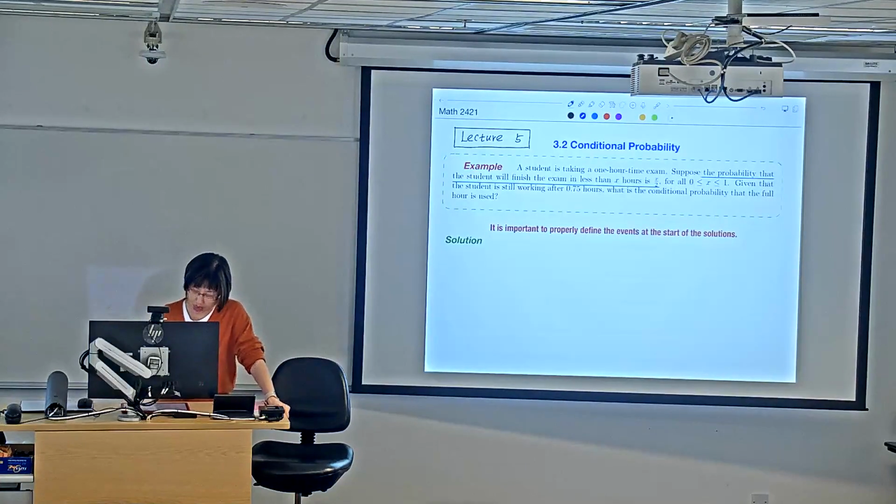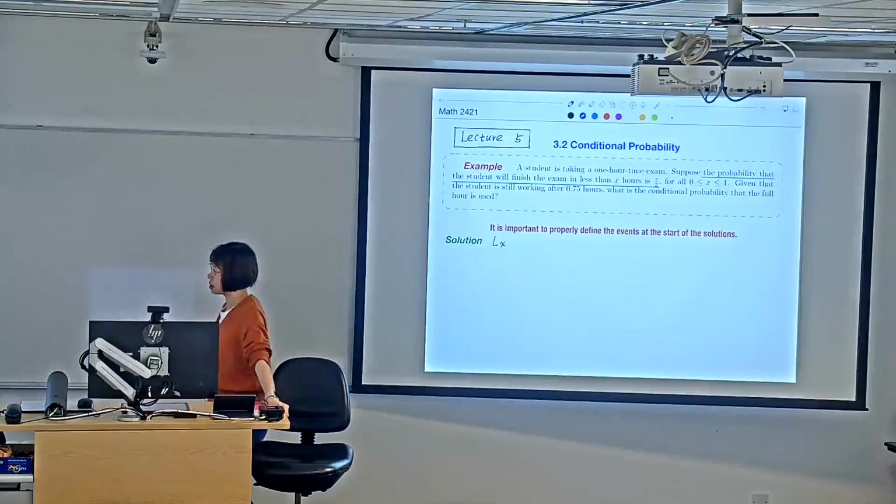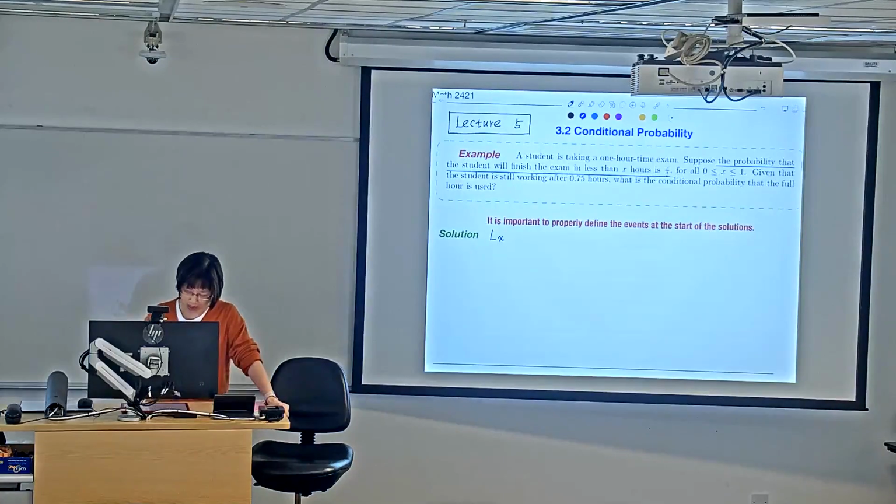Let's define an event that depends on x, and call it L_x. I put x in the subscript; you can also write L(x) if you prefer.